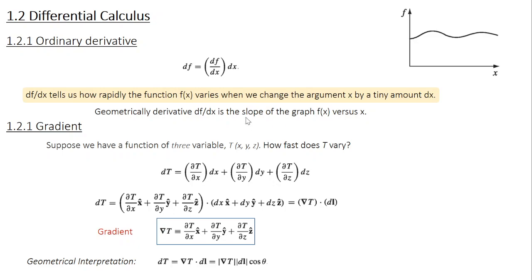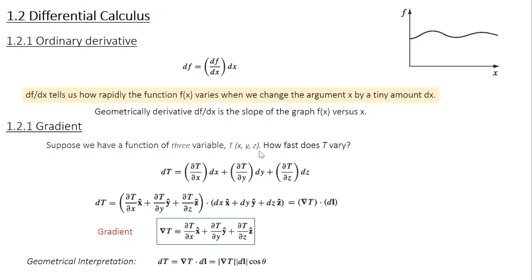Now let's scale up and see what happens if the function depends on multiple variables. So let's take a function t which depends on three variables x, y, z, and let's ask the question, how fast does t vary? Now in the previous case, it was easy to analyze because we have only one dimension.